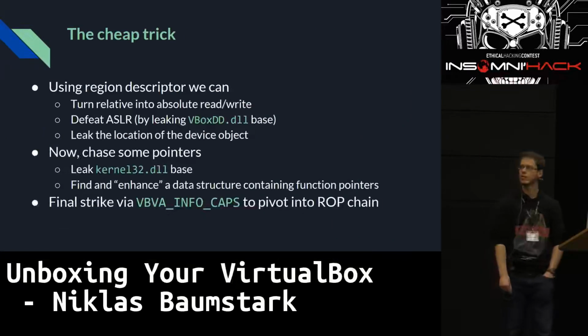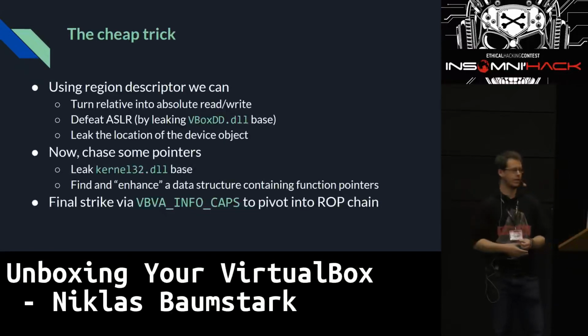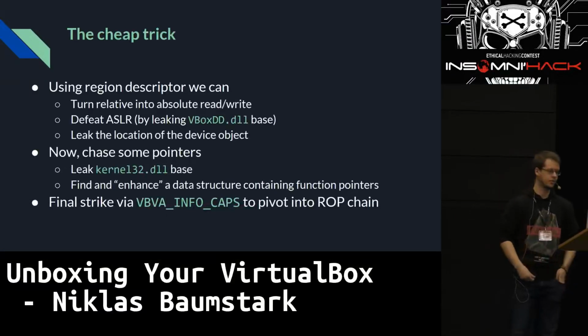So what we do now is we just read all of these pointers. Then we know where the VRAM is, so now we can do an absolute read and write, because we can always subtract the VRAM address and then use that as an offset. We can now read and write memory from everywhere. We already defeated ASLR because we leaked a module base. Now we just need to chase some pointers to find kernel32, and we find a function pointer that's worth overriding.